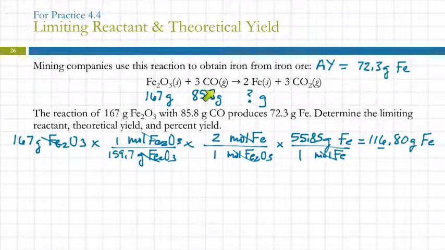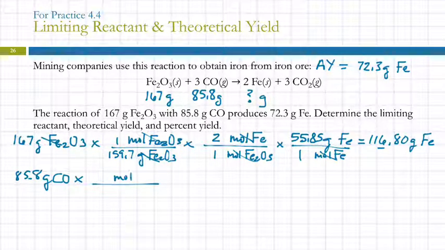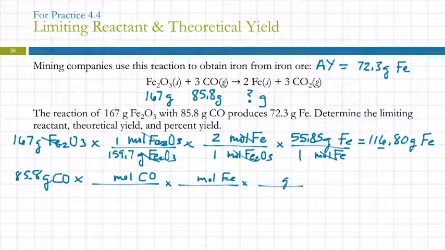I need to do the same thing with the carbon monoxide. So 85.8 grams of carbon monoxide. Grams to moles to moles to grams. Moles of CO to moles of, again, the question, moles of iron. We're starting in different places, but we're ending up in the same place. So I put my units in there.